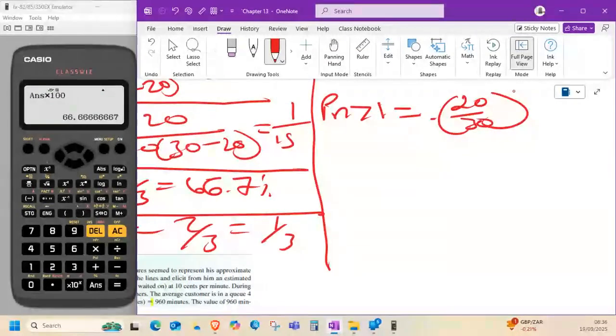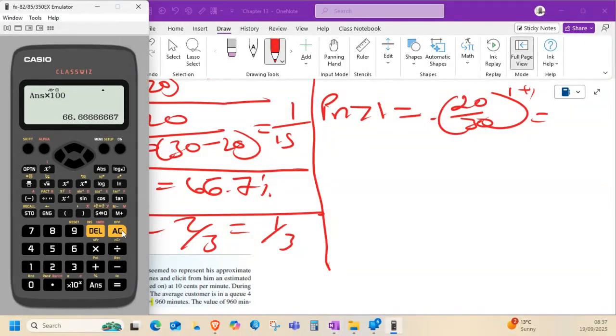20/30, which is going to be 1 plus 1 equals to. And then sometimes they want it in a percentage form. Actually, they always want it in a percentage form. So you multiply by 100.